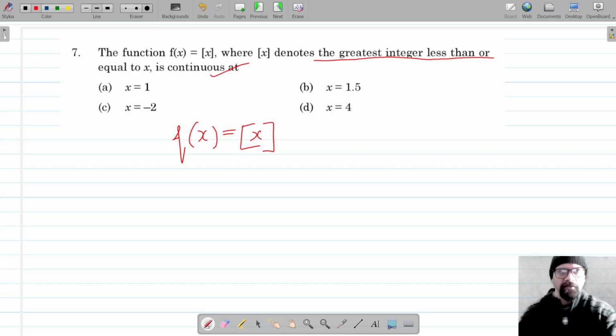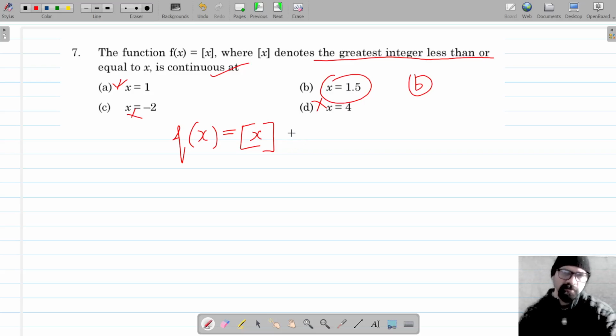Among these options, this is an integer, this is also an integer, this is also an integer, and this is a non-integral value. So this is continuous at x is equal to 1.5. So our option is B, because this function is continuous at all non-integral values of x.